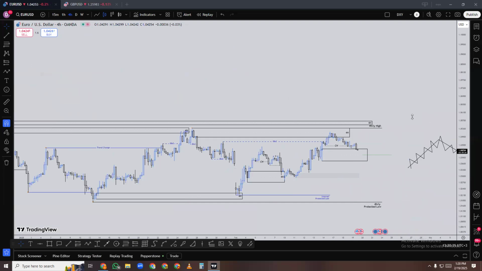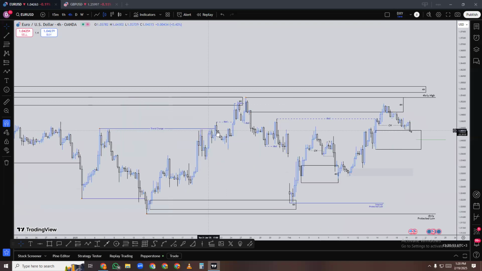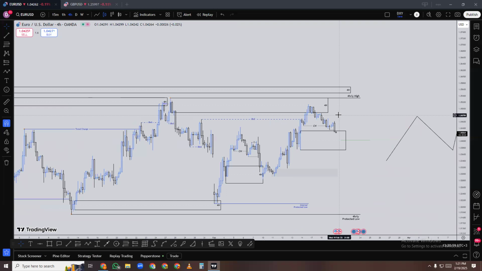Now, like I said in my previous video, and I think I illustrated that, once we get a breakout structure of the swing trend, like right here, you can see we broke structure to the upside. Once we get a trend change of the internal structure, that signifies to me that the swing pullback has already begun.